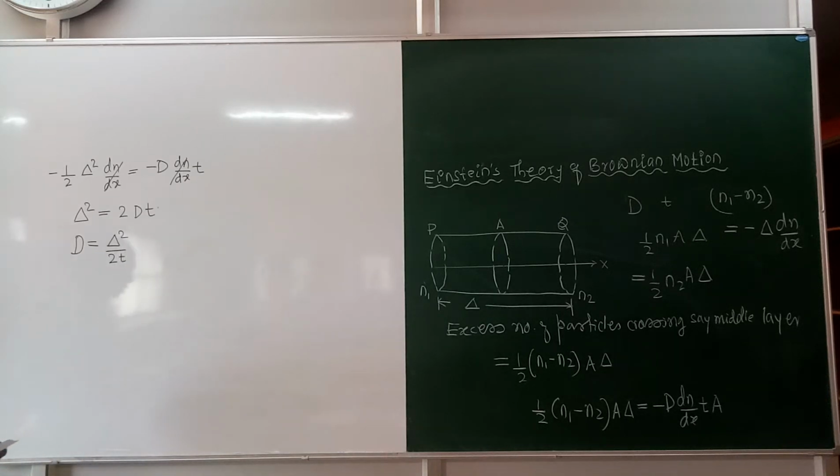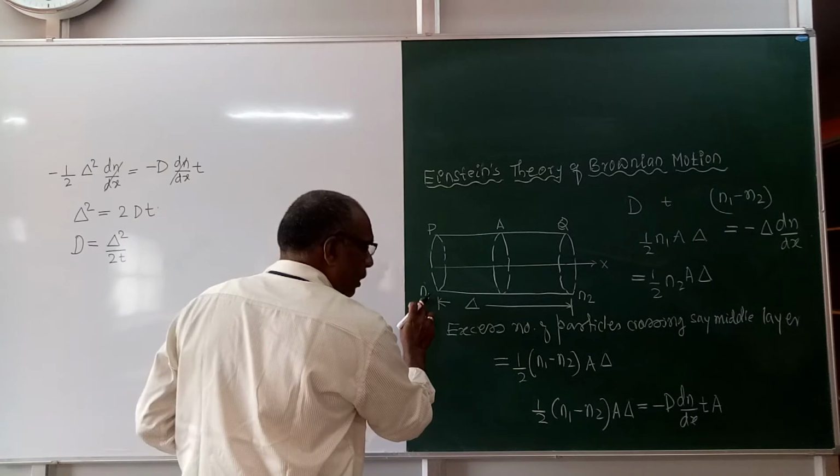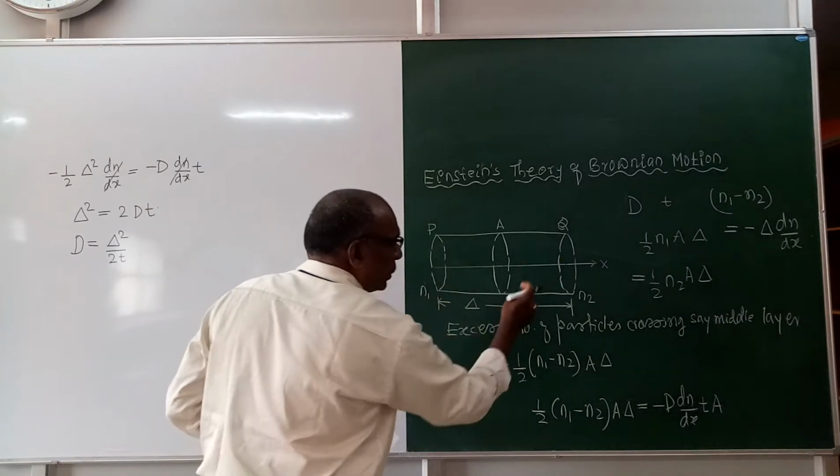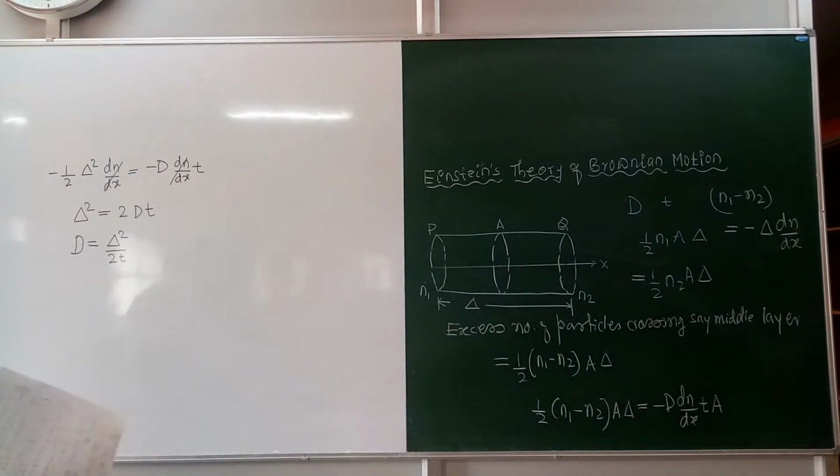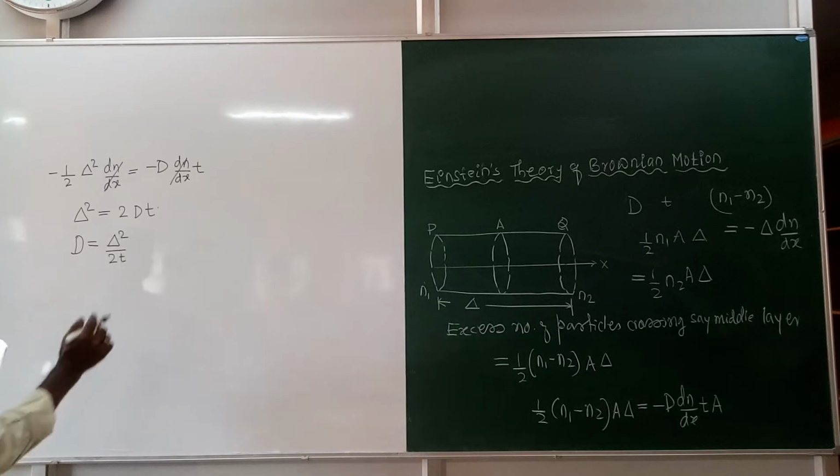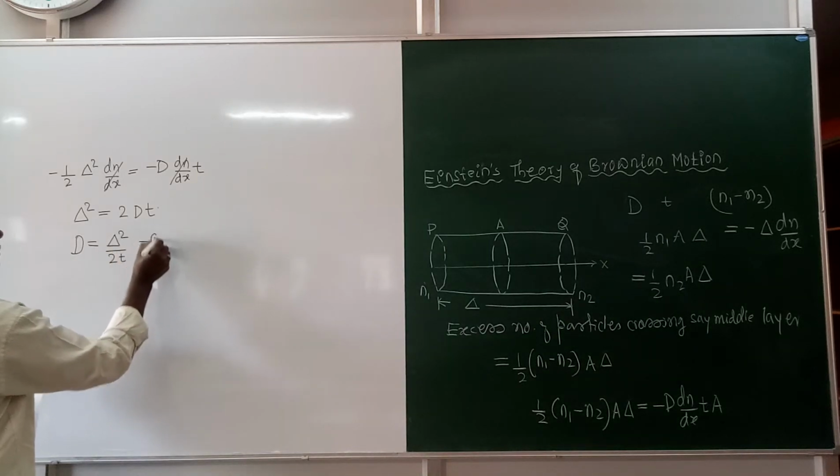This delta is known as the mean square displacement of a Brownian particle when it moves from Pn to Qn of unit length of this imaginary cylinder. Let us call this equation 1.